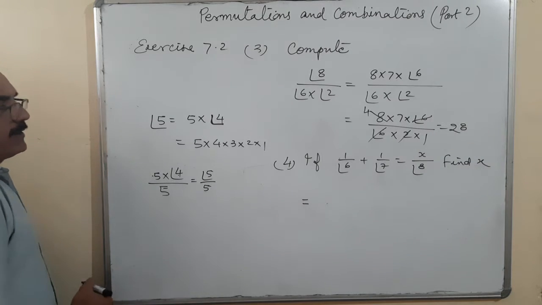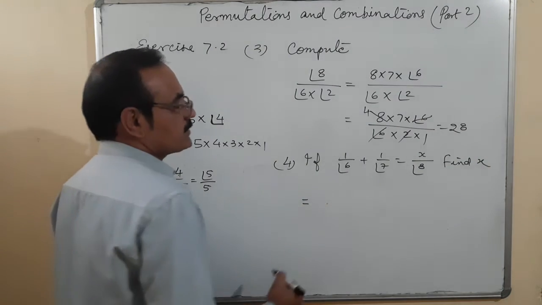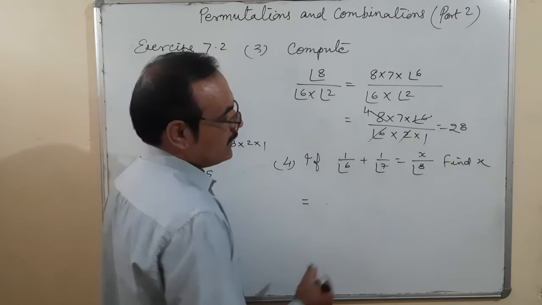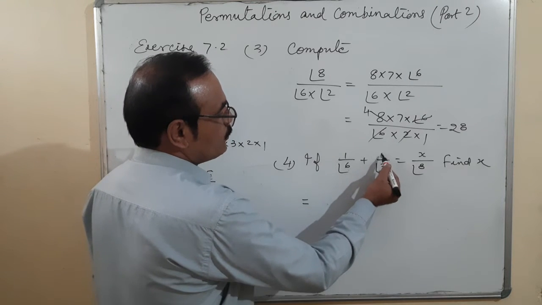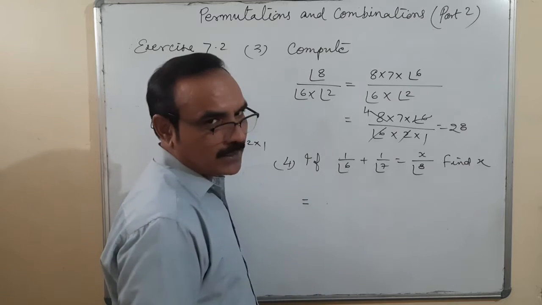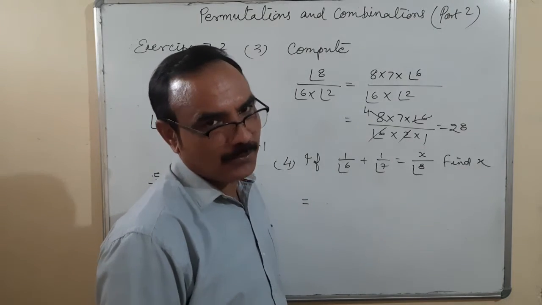Same as here, if it is factorial 6 and that is factorial 7, I want to make these terms factorial 8 so that we can easily compare their denominators.